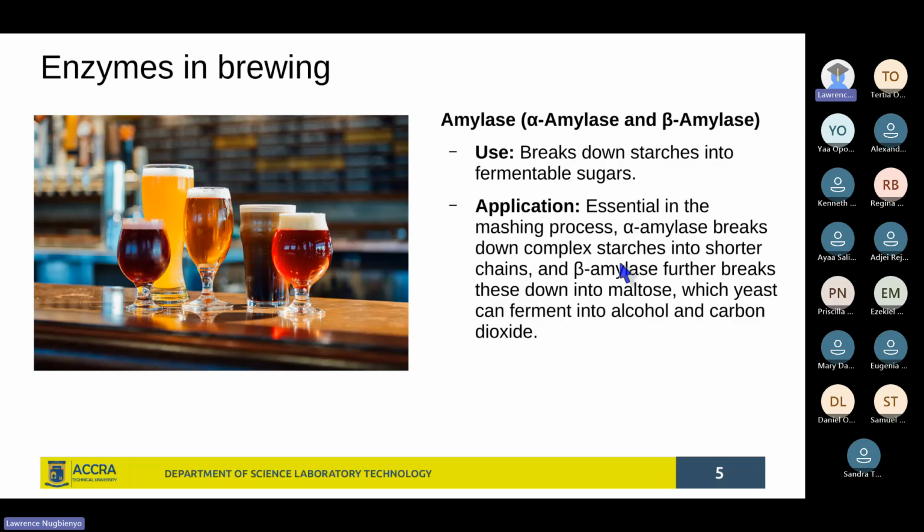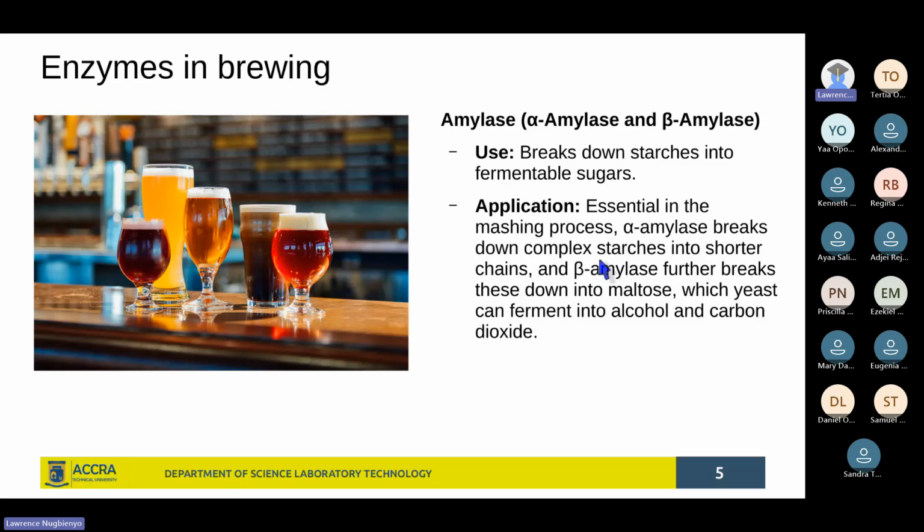Because if you have just alpha amylase, and the fiber is not able to undergo the fermentation process, because the alpha amylase is not able to break it down, what will happen is that you have less amount of product formed and a lot of waste generated.